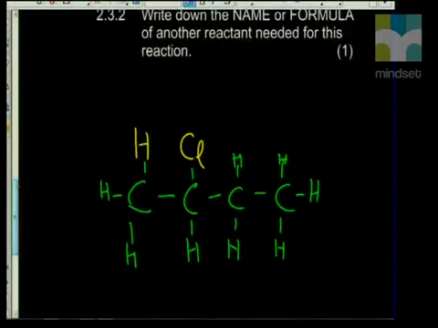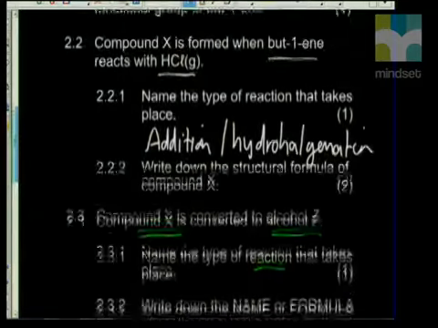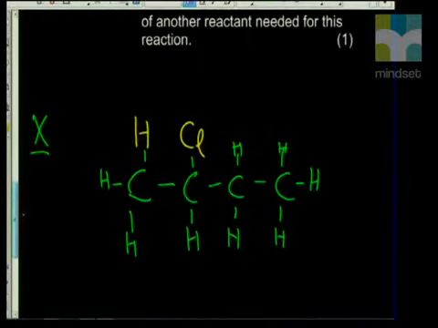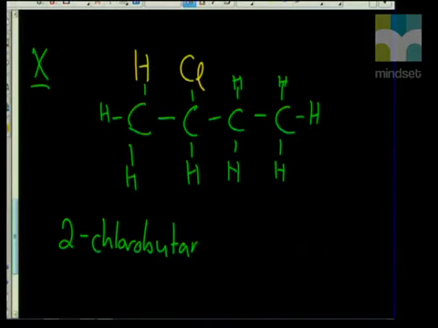Now remember, this is our compound X over here. This is what X is, and we've identified it earlier as the one that we haven't actually named, but we recognize that this is but, and it's at carbon position number 2, so it's 2-chlorobutane.